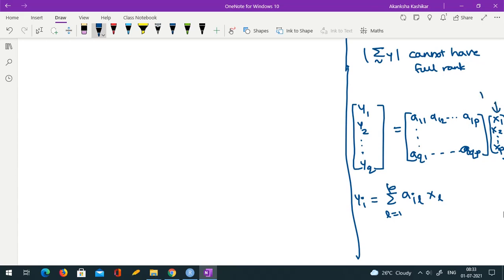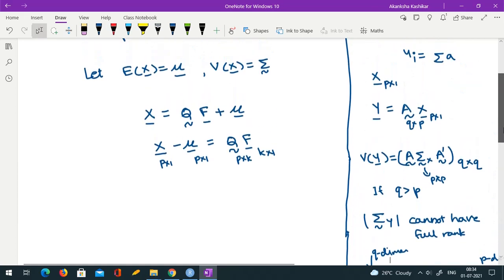You have this p-dimensional vector and you are trying to transform it to a q-dimensional vector where q is larger. If you have p linearly independent vectors, then you cannot create q linearly independent vectors from them. So they are going to be dependent on each other, and hence at least some of the yi's are going to have zero variance. As a result, the variance covariance matrix of y would be singular.